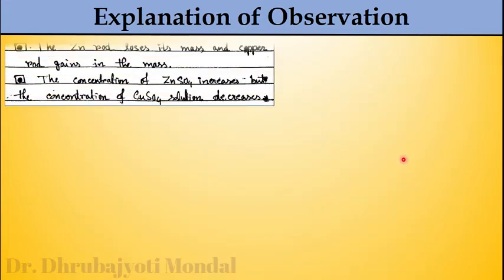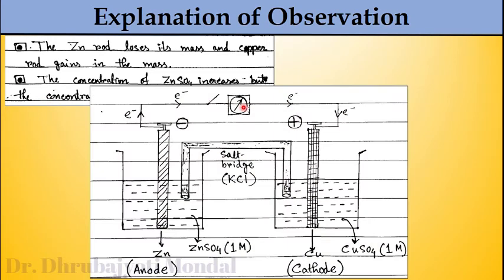Now, the next two observations: the zinc electrode loses its mass and the copper electrode gains in mass. And the next point, the concentration of Zn2 plus increases, but the concentration of copper 2 plus in solution decreases. Now you have to explain it.